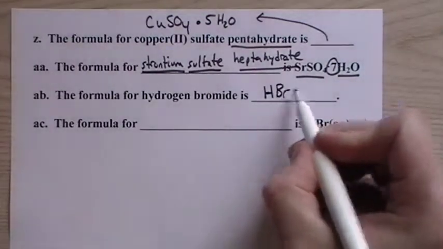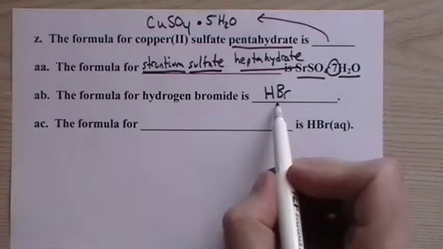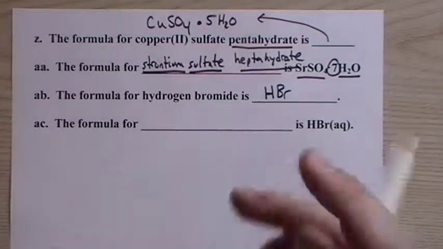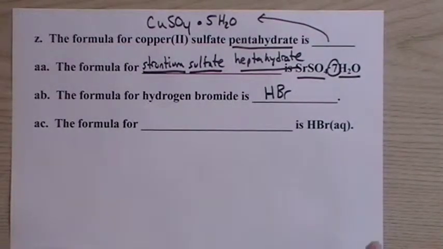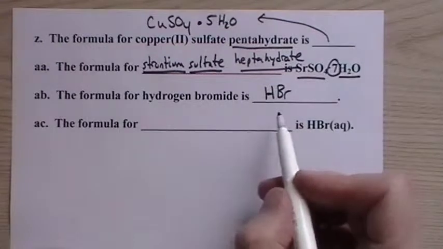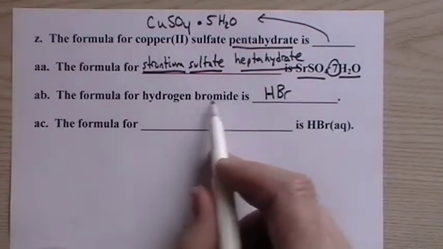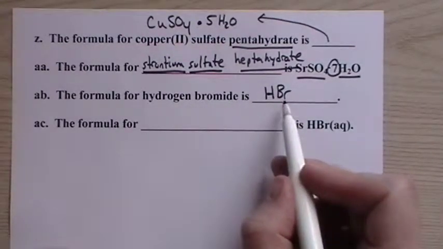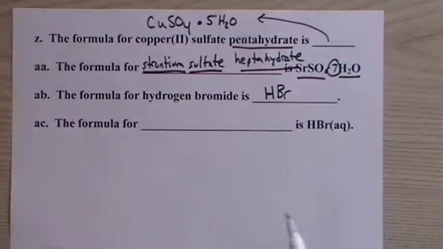So this is HBr. Even though there's only one bromine, we know that there's only one because hydrogen can only bond once. Carbon can bond more than once. Nitrogen can bond more than once. So we have to put in the prefix. But here there's no reason to, because we know that hydrogen can only bond to one other thing. So there can only be one other atom attached to hydrogen in this form.